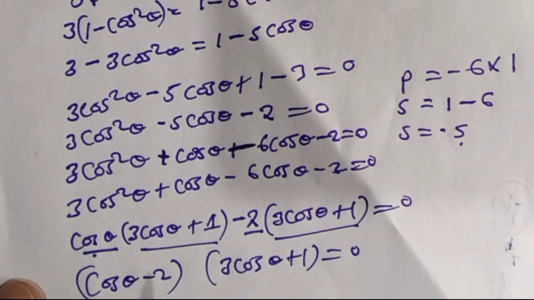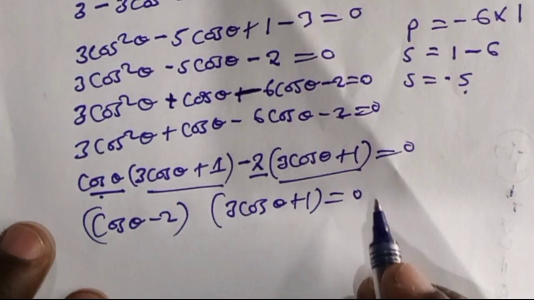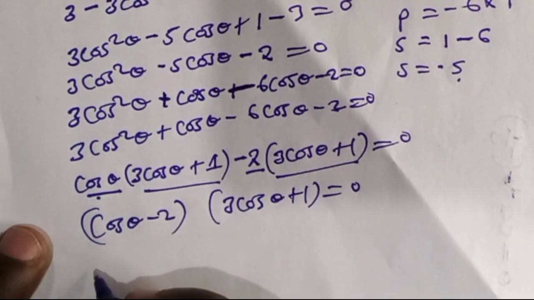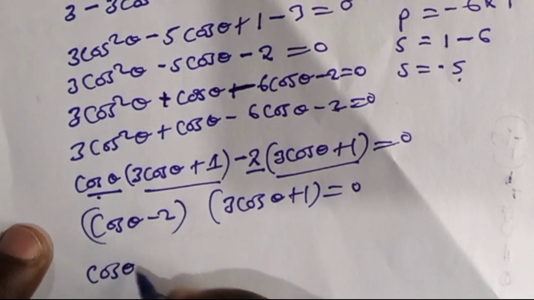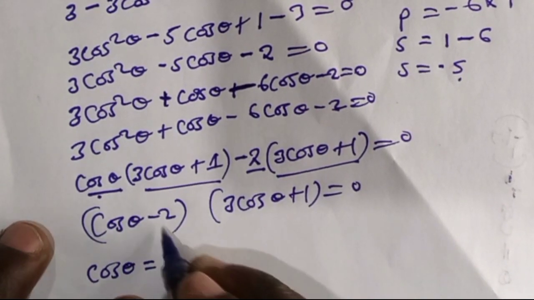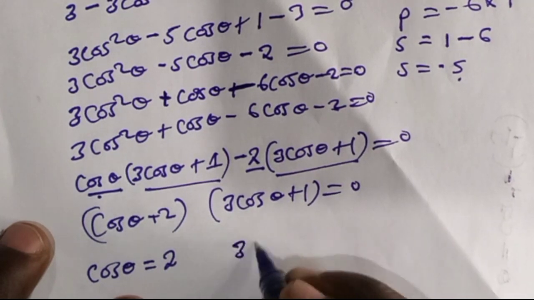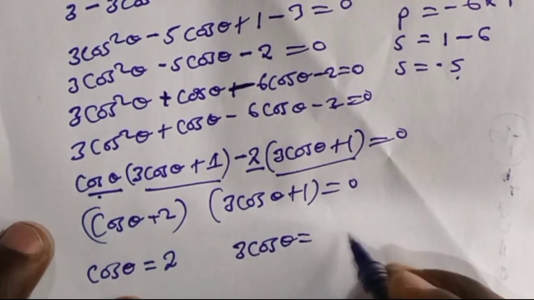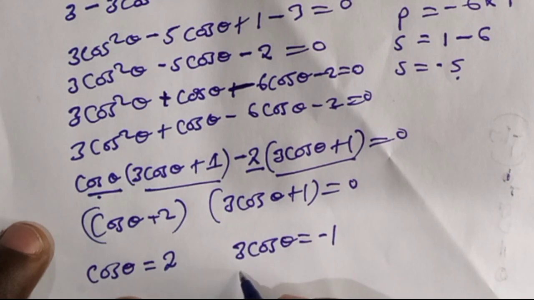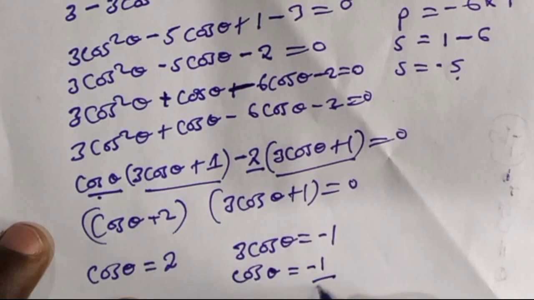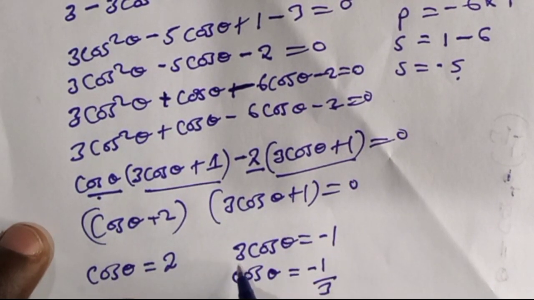Cos theta equals 2, when minus 2 crosses the equal sign. Then 3 cos theta equals minus 1, so cos theta equals minus 1 over 3, because we divide both sides by 3.